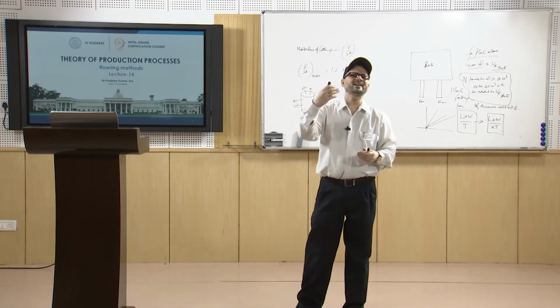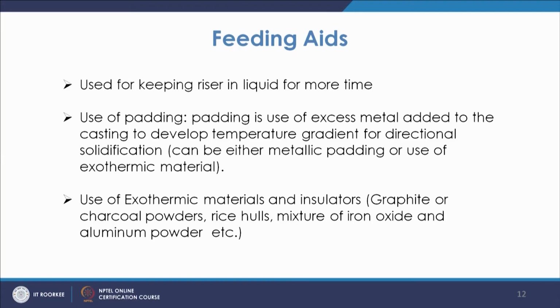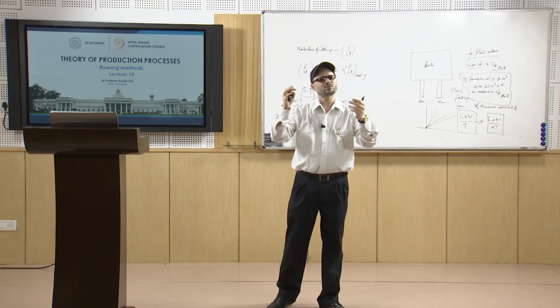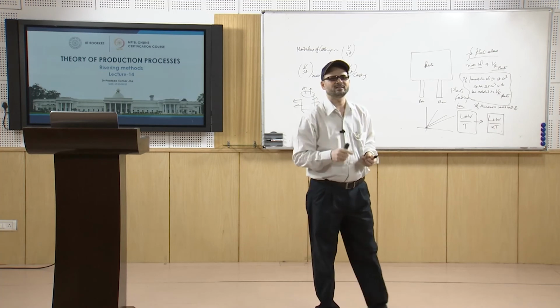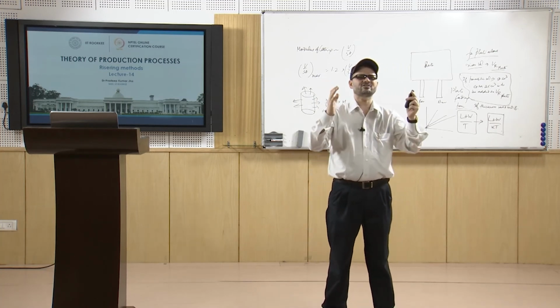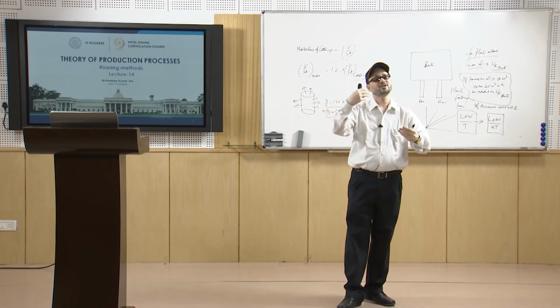You can use feeding aids for increasing the efficiency of the risers. Feeding aids are the means by which the liquid in the riser stays liquid for a longer time. You can use the padding method, where you use excess metal so that the solidification time increases.